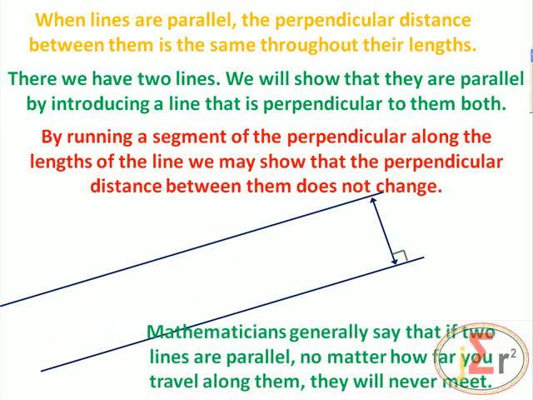Mathematicians generally say that if two lines are parallel, no matter how far you travel along them, they will never meet. So parallel lines will never meet. And some mathematicians say that parallel lines meet at infinity.